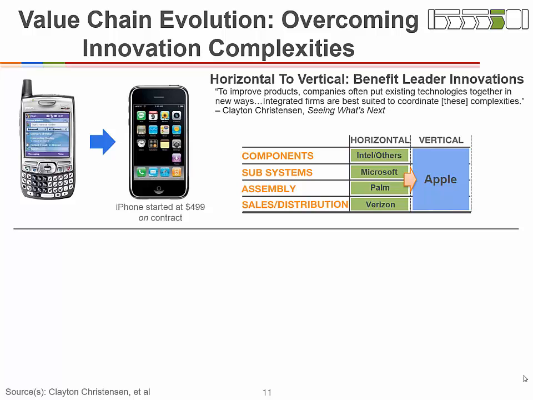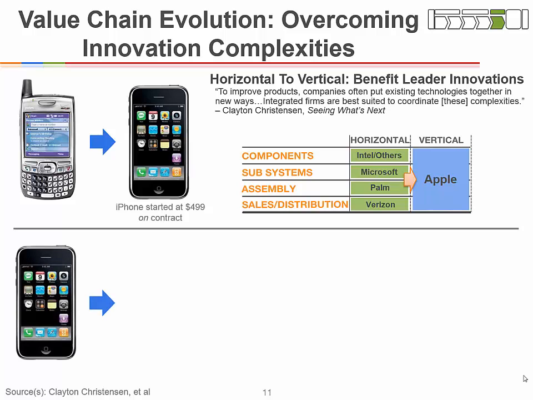Now, the thing about this is that this only is relevant for a time, because after an initial benefit leader innovation comes out, such as the iPhone, other companies start to wise up and learn exactly what it is they need to do and then drive down costs. And that's exactly what Google did.